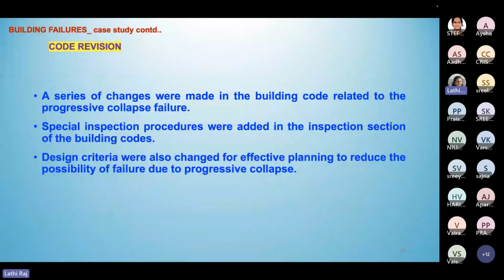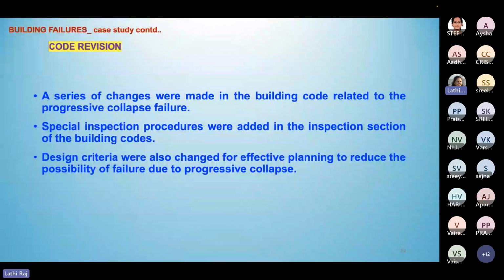Because of this, a lot of changes happened. A series of changes were made in the building code related to progressive collapse failure. See, this one flat plate, that is the concrete floor, failed because of the punching shear, and the whole failure was progressive because of that one failure.